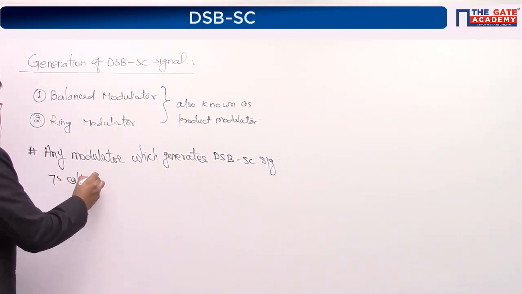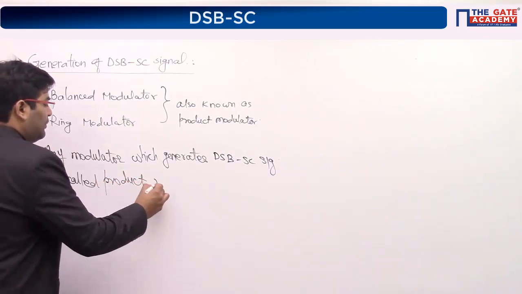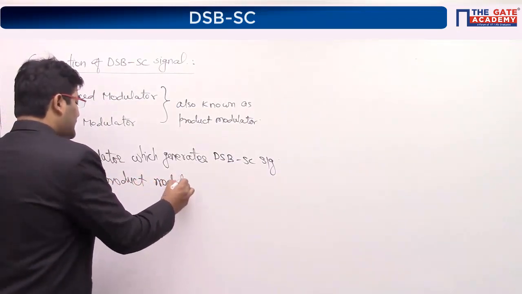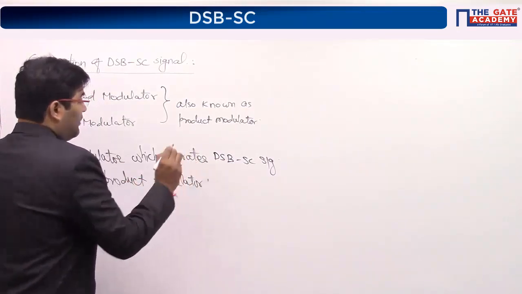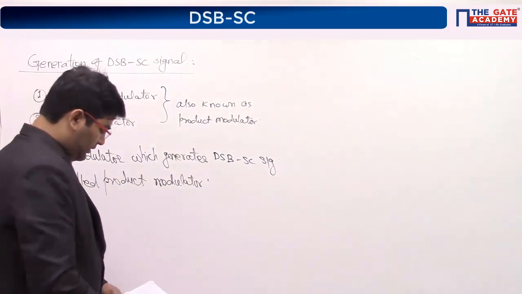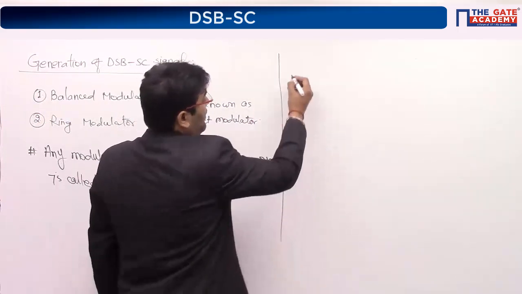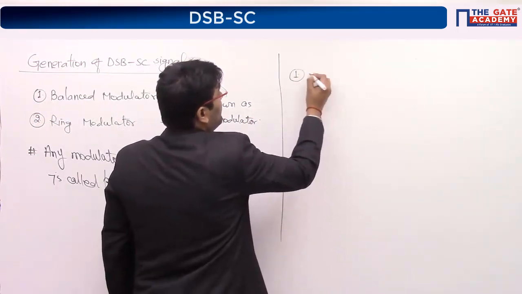So even when I say modulator, it means product modulator only, and it will always give you which kind of signal? Double sideband suppressed carrier signal. Now we'll take one at a time and study. So the first one we'll do is the balanced modulator.